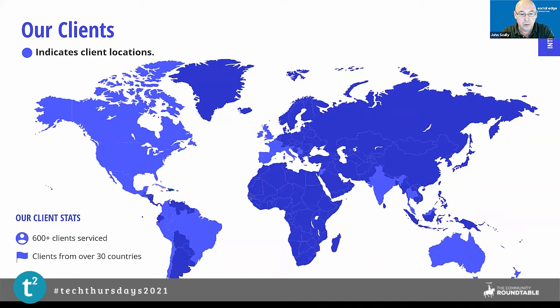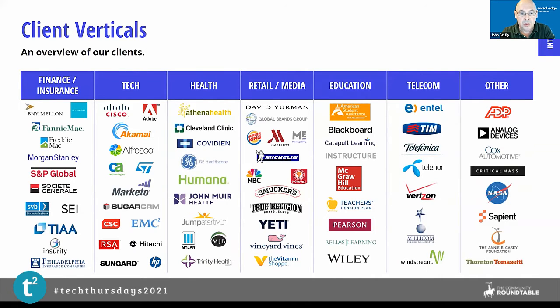As I'm sure everyone can imagine, we support clients throughout the world, and this is a map of the countries that we've had clients in. Here is another visual of the verticals that we support. When you look at these logos, there's a large variety of clients that we support across multiple verticals.